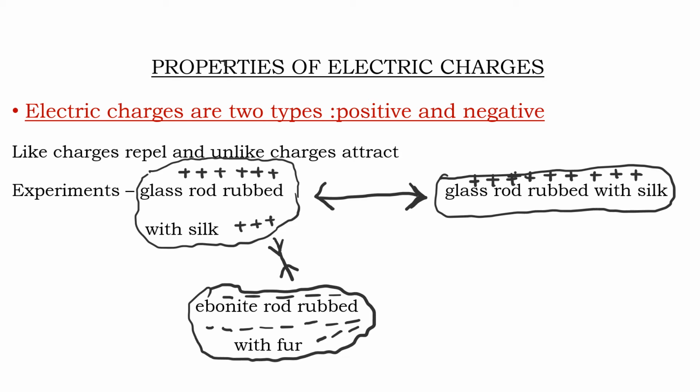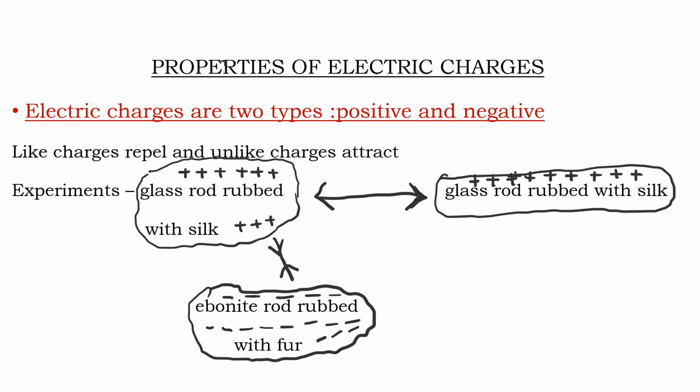Later Benjamin Franklin assigned the algebraic signs to the two kinds of charges. The charge acquired by the glass rod rubbed with silk is called the positive charge, and that acquired by the ebonite rod rubbed with fur is called the negative electric charge.